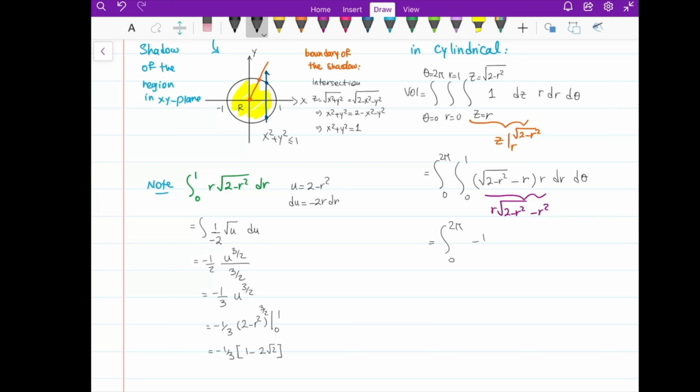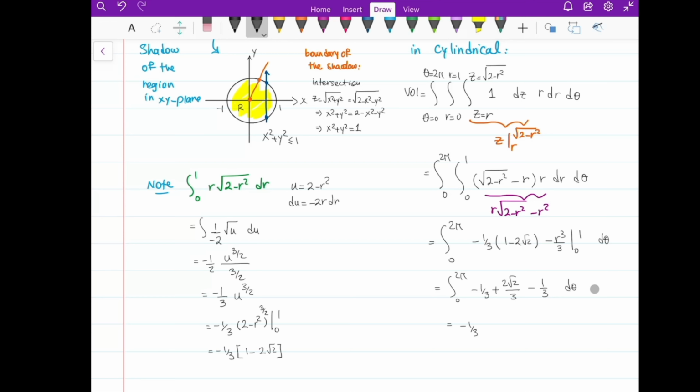The answer is negative 1/3 of 1 minus 2 root 2, and then the integral of negative r squared dr would be negative r cubed over 3 from 0 to 1. Don't forget d theta. So I get 0 to 2 pi of negative 1/3 plus 2 root 2 over 3 minus 1/3 d theta. So this is negative 1/3. All of them would be just a constant, then times theta.